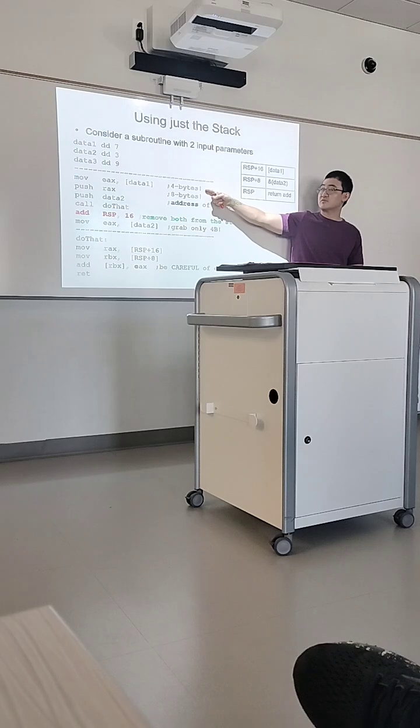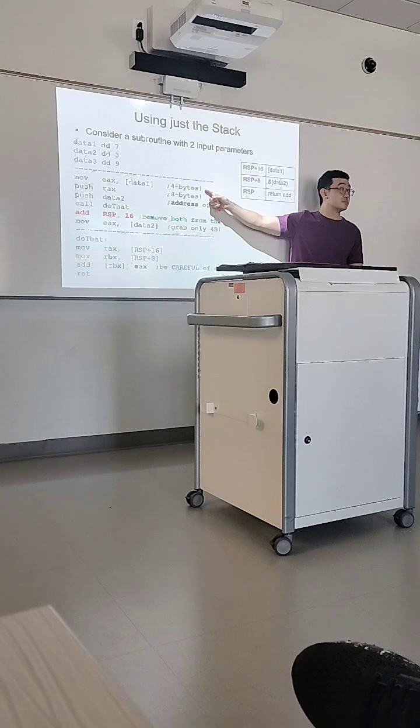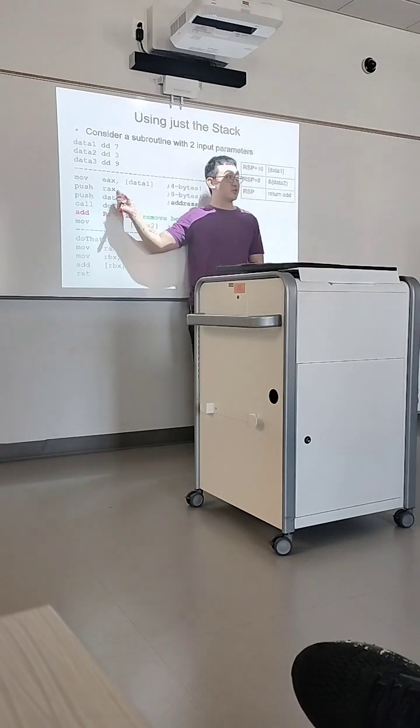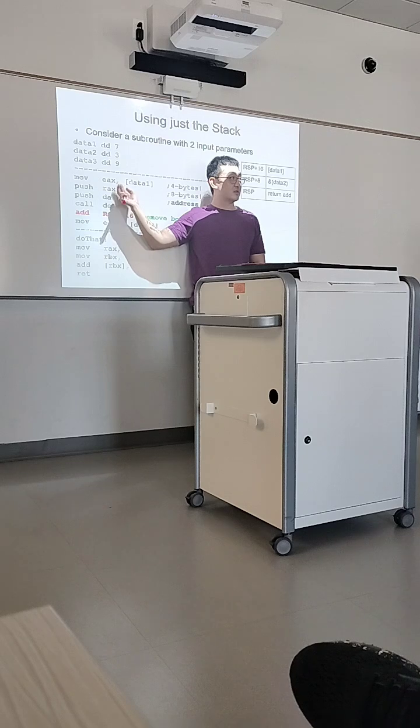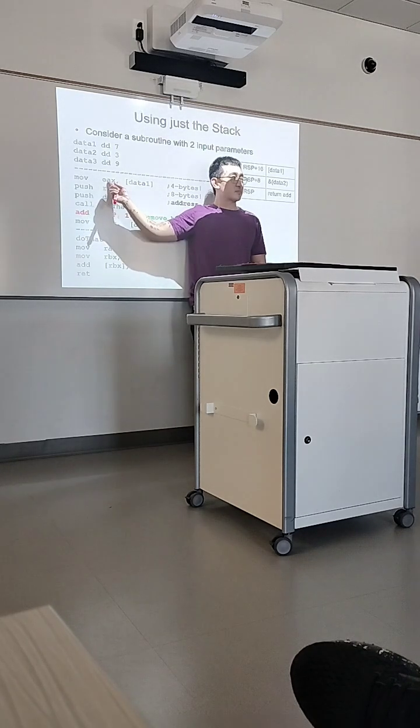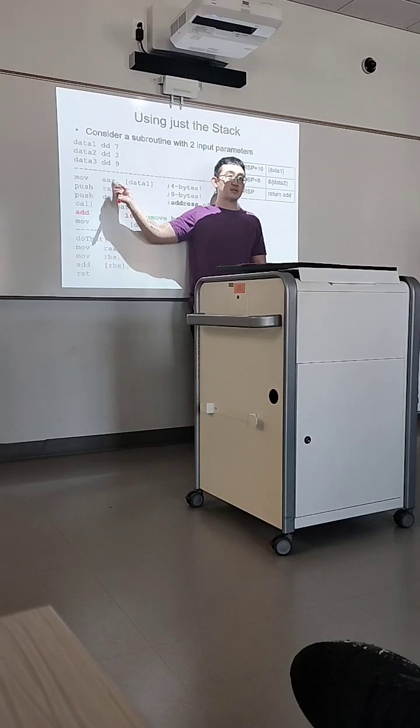Therefore, how much information did I move? 4 bytes. Why? How much did I move? How does the computer know how much to move? It's the EAX, the name of the register, that tells it.